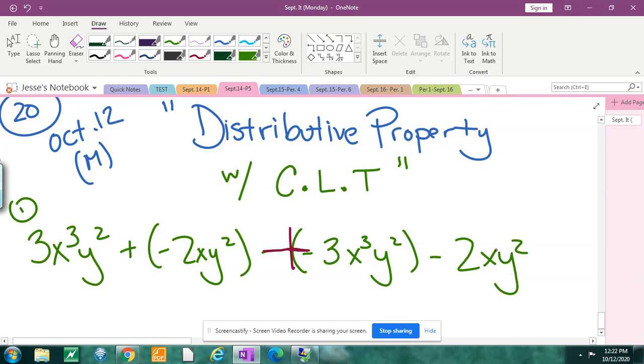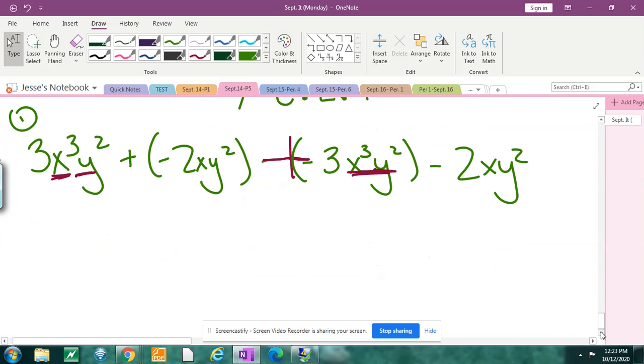All right, so now we got to combine them. For those kids that got these wrong in the little quiz, you're looking for x cubed y squared. This is not x cubed, this is xy squared. So your answer should be x cubed y squared, right?